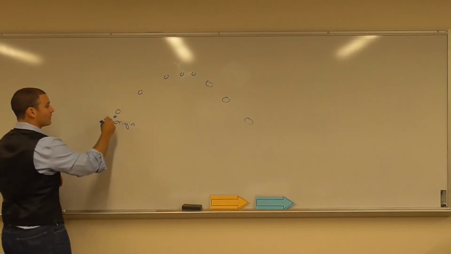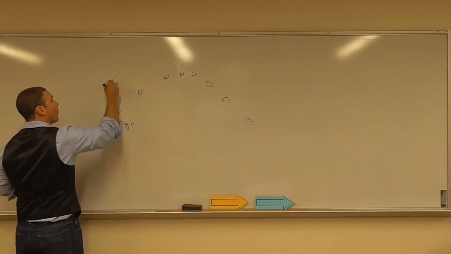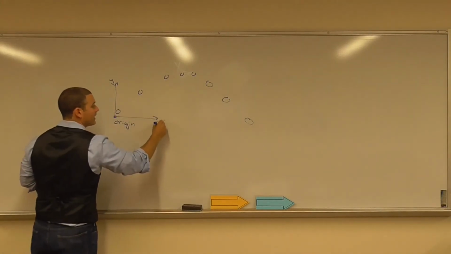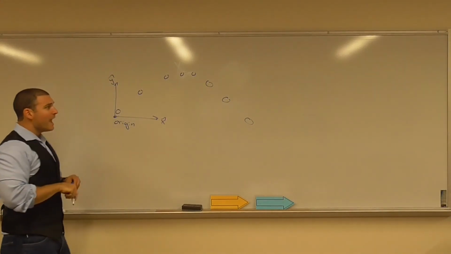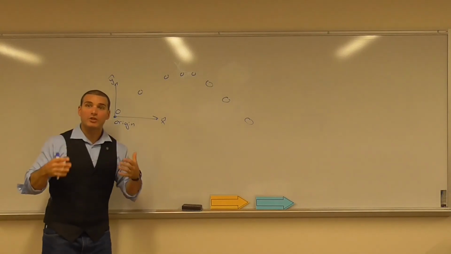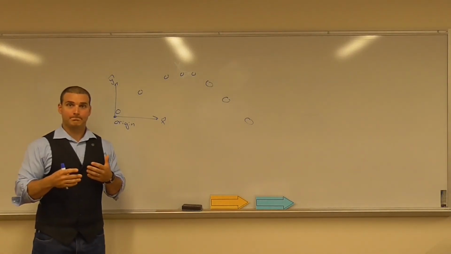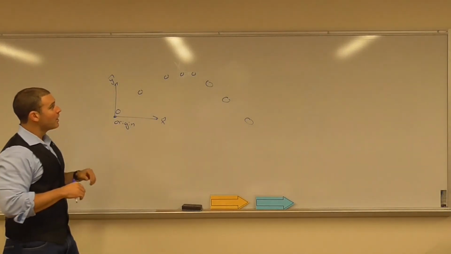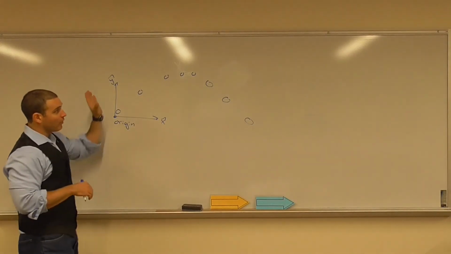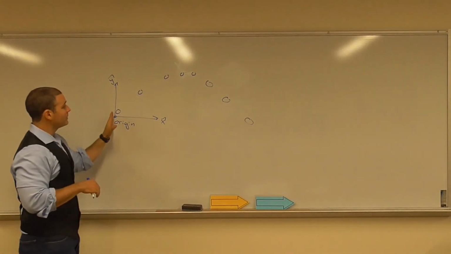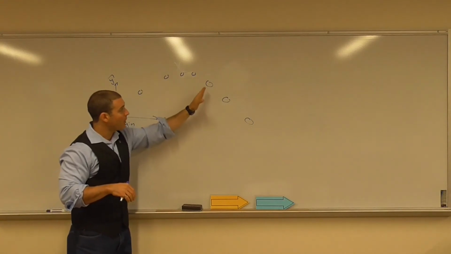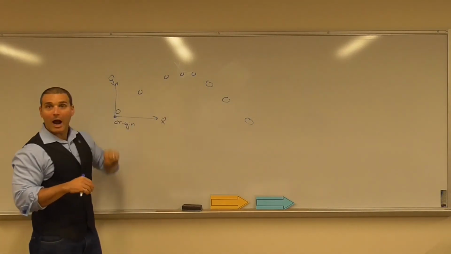I'm going to define a coordinate system where this is the y direction, this is the x direction. And I can think about a displacement vector as well. So I have several time intervals here. My ball is traveling through the air. I imagine that each one of these points is taken with the same time interval between them.